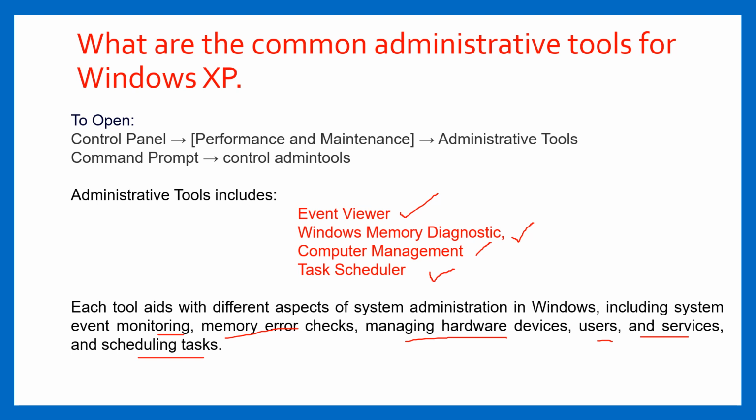So the common administrative tools are event viewer, Windows memory diagnostics, computer management, and task scheduler are the main things. Still some more are there. So you can go and click on this particular tool and you can enable some of its properties and you can also disable them.